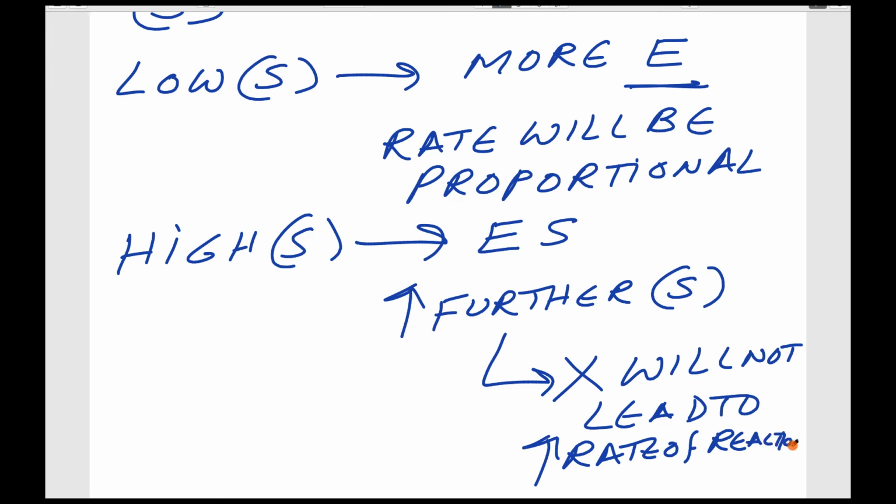Let me explain. When substrate concentration is low, enzyme molecules are available, so when you increase the substrate concentration, the rate will be proportional. But at high substrate concentration, all the enzymes are occupied with the substrate. If you further increase the substrate concentration, where are the enzyme molecules to combine with the substrate?